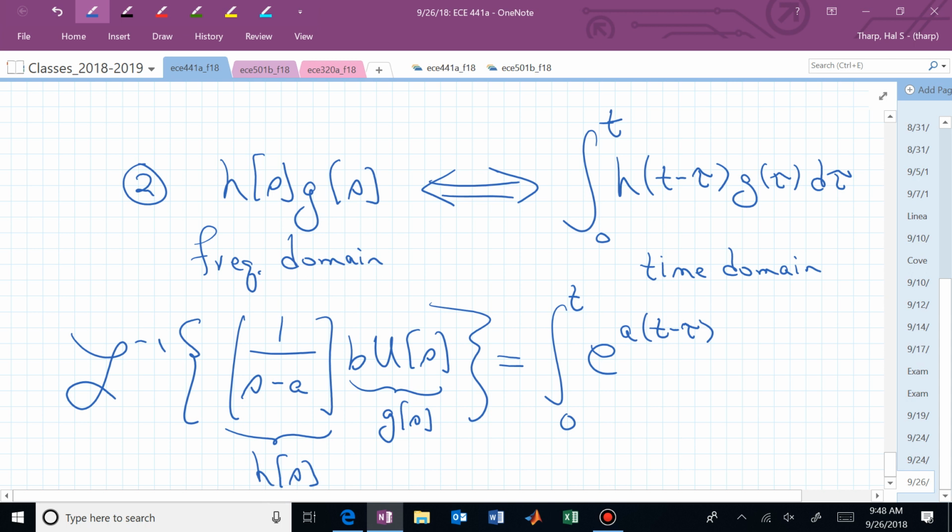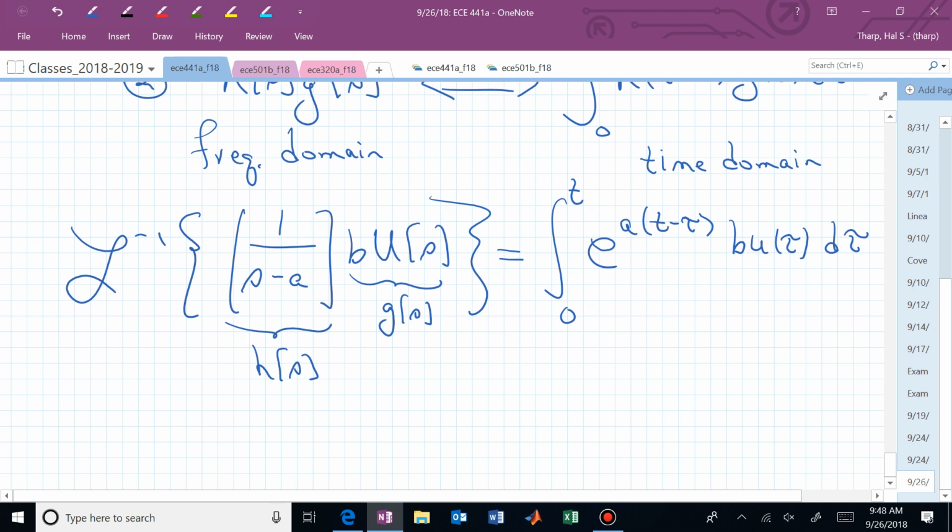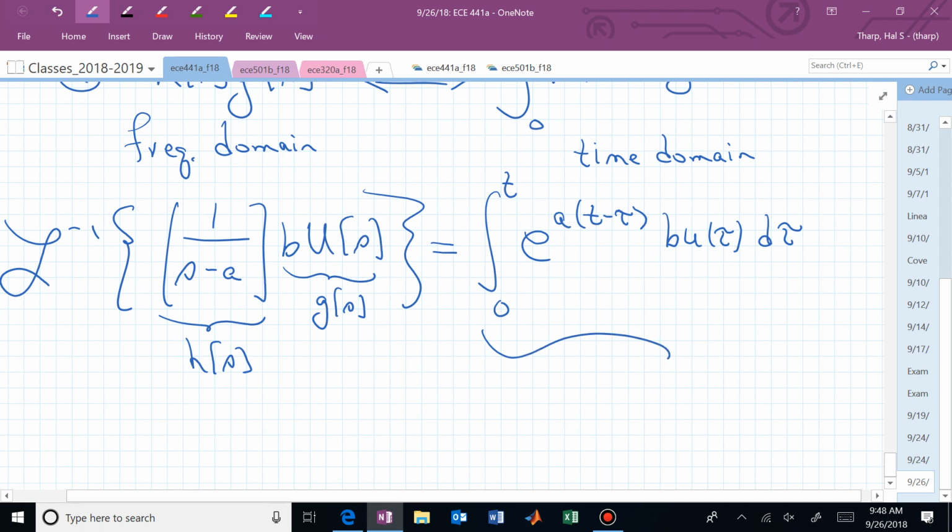And what was the inverse Laplace of g, capital G of s, or little g of s? That was b u of t, but we're inside the integral, so I'm going to give it an argument of tau, and now I have that expression. I now have a convolution integral.